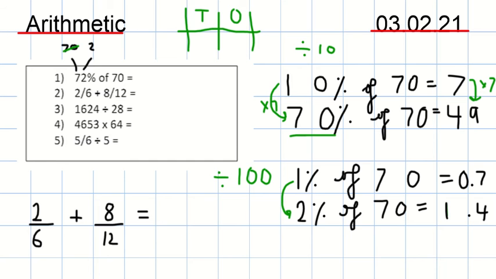So now I have found 70% and 2%. What do I need to do with these two amounts to find 72%? You're right, I need to add them together. I know 49 add 1 is 50.